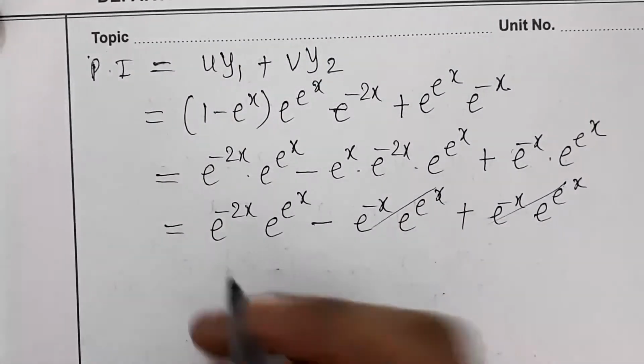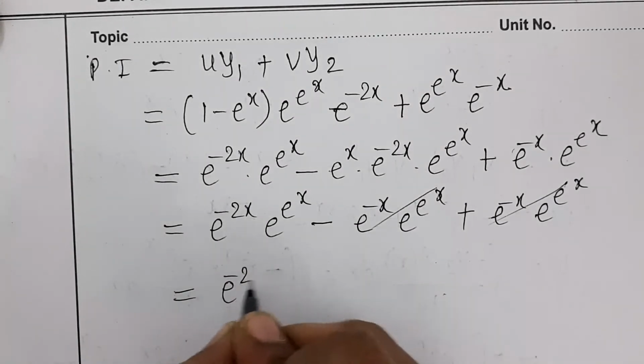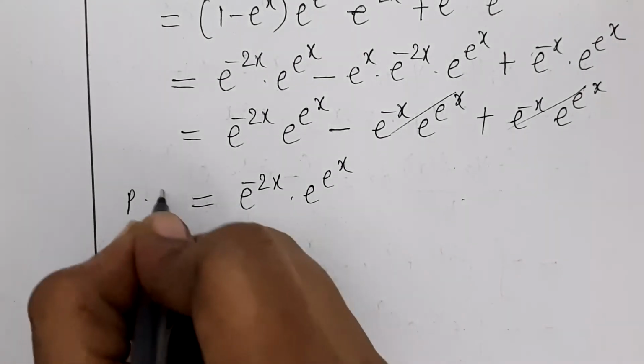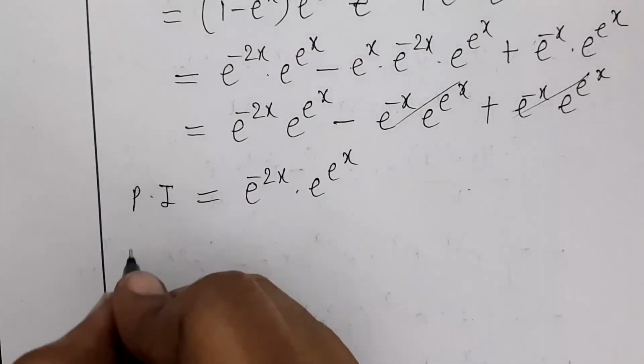So this gets cancelled and remaining is e to the power minus 2x into e to the power x. This is the PI.